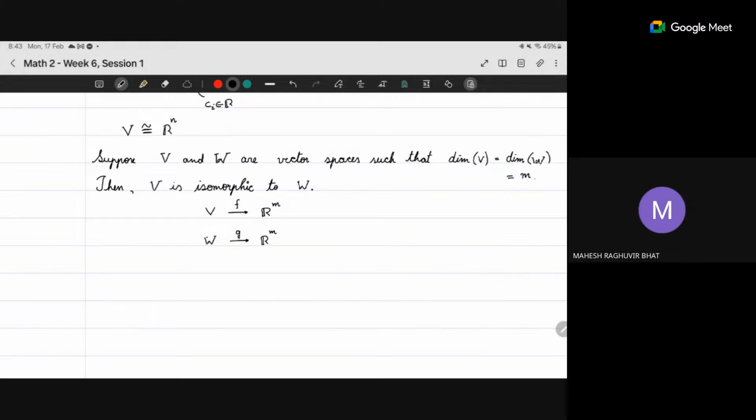Let's call it G. Now, can you construct a map between V and W which is an isomorphism? You'll need some properties of compositions and all that. But can you see how we go from V to W using these two maps?